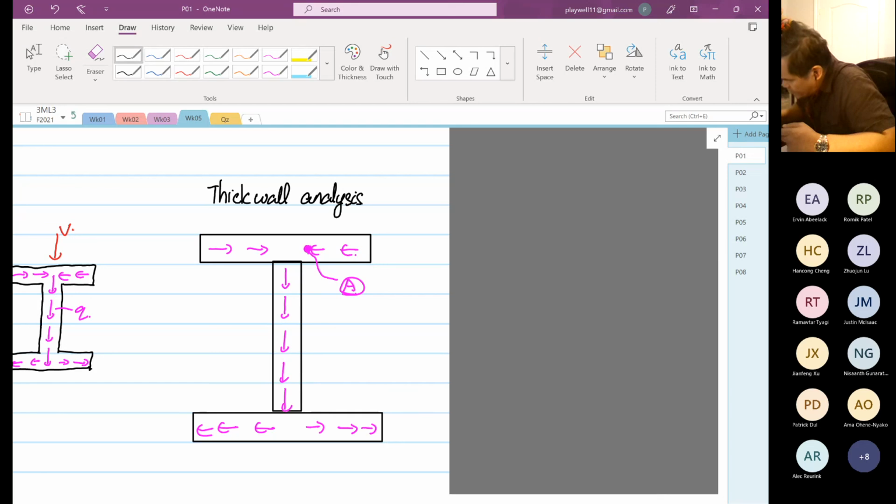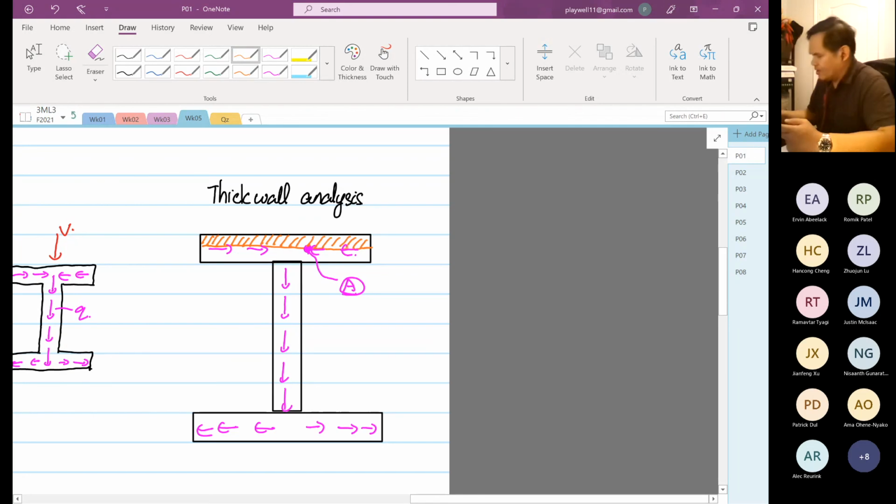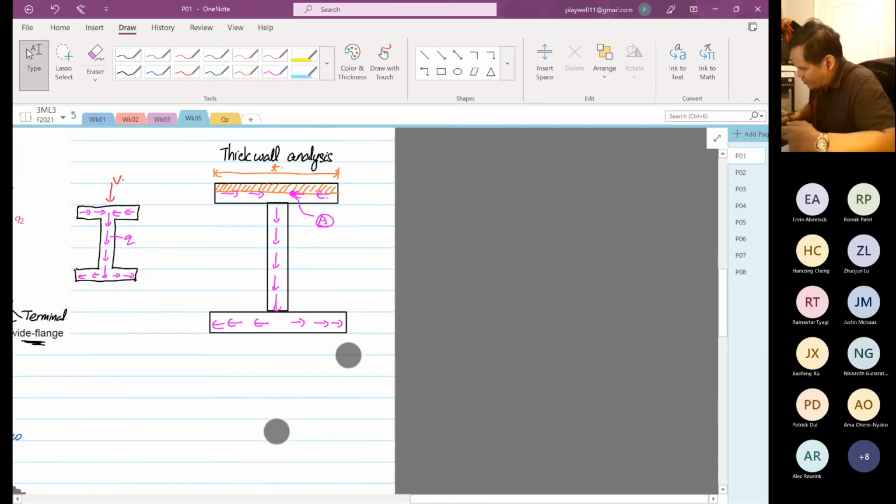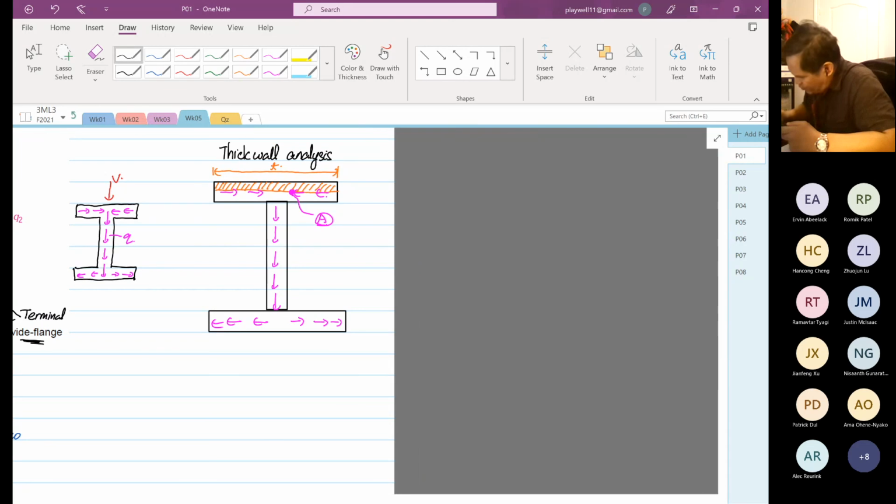Okay, the area of concern is this area now. That's thick wall. This is what we've been doing. And the thickness is this, t. But if we do thin wall analysis, same point, below I'm going to write thin wall analysis.